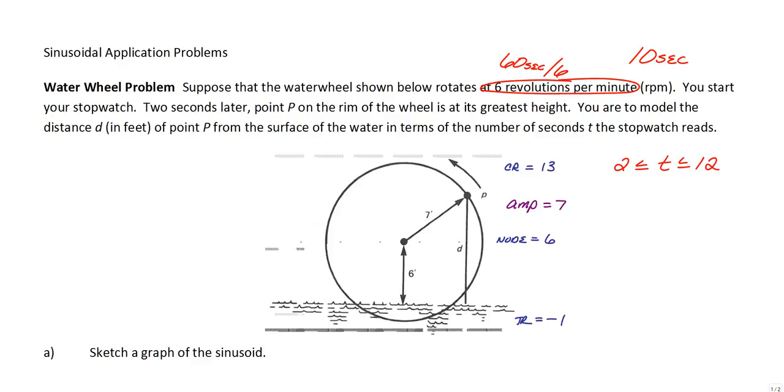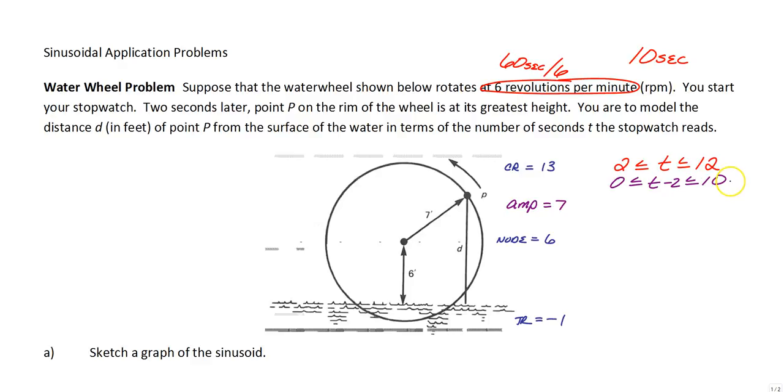Okay? Now, we're going to have to do some solving. Again, this is where you have choice. You can do this in degrees, or you can do this in radians. It really doesn't matter. The first thing we want to do is subtract 2 from both sides, and that's going to give us 0 is less than or equal to t minus 2, which is less than or equal to 10. Again, proof right there. 10 seconds is how long it takes.